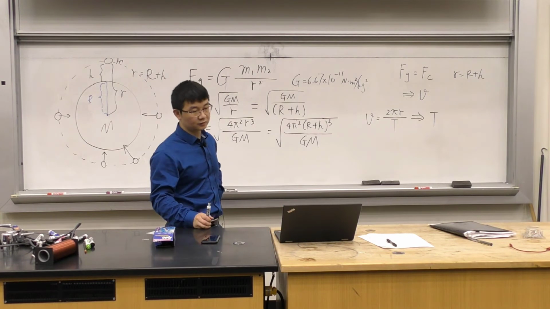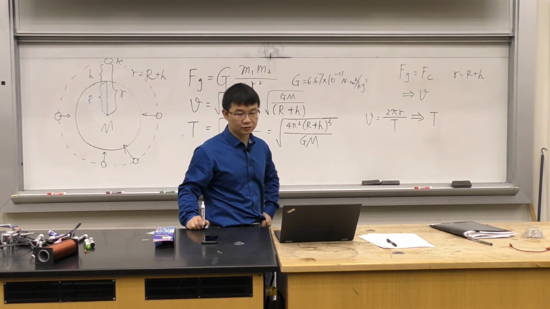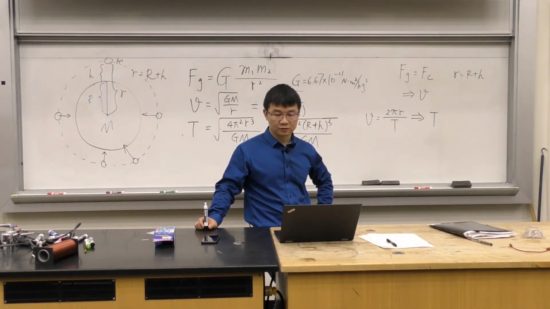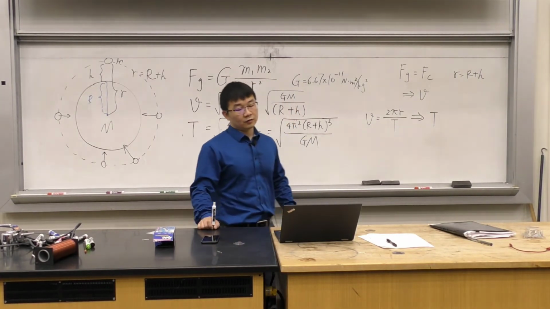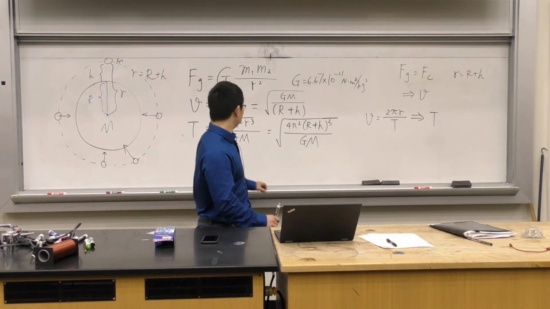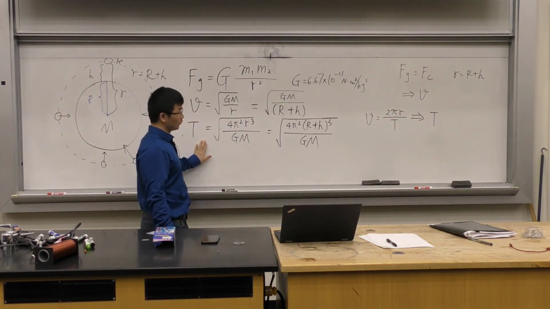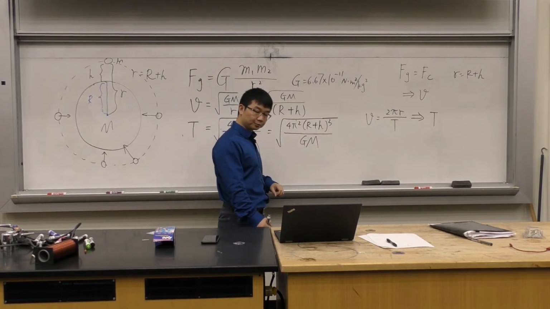The question on slide 17: the International Space Station is orbiting at an altitude of about 320 kilometers above the Earth's surface. What is the period of the International Space Station? If I want to find the period of the space station, we just derived this equation. So all I need to do is find all the numbers and plug them in.